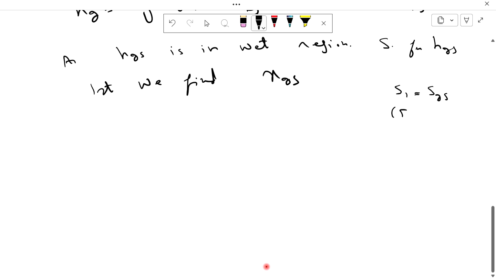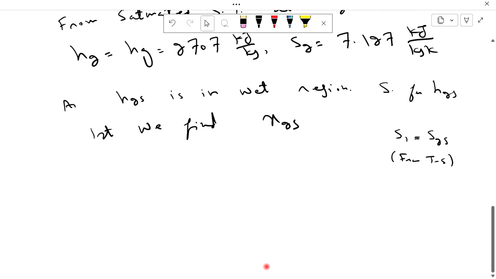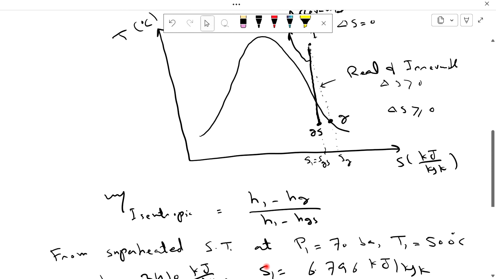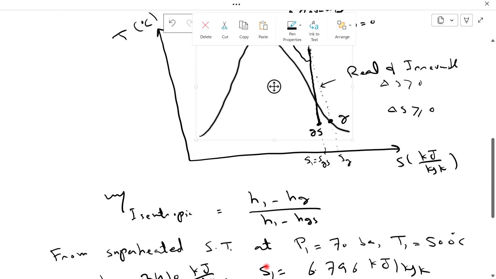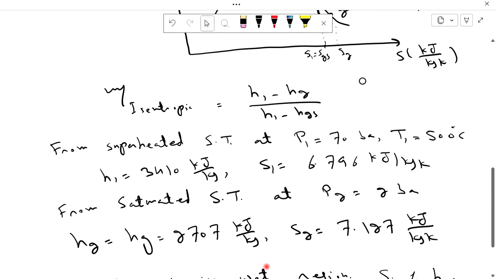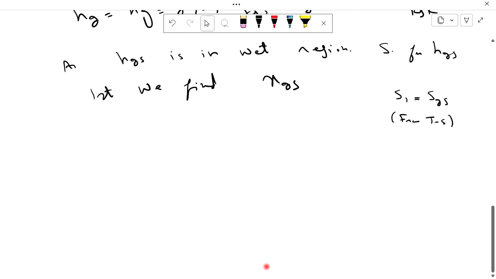From the TS diagram, S1 is equal to S2S. This is the TS diagram and this is the constant entropy line. For this we use the equation S2S is equal to SF2S plus X2S into (SG2S minus SF2S).